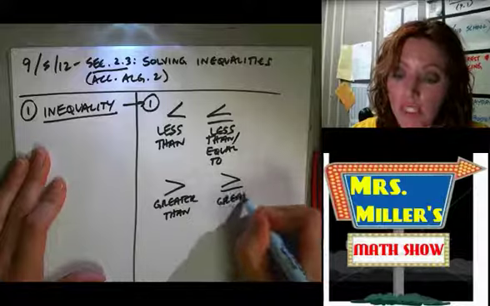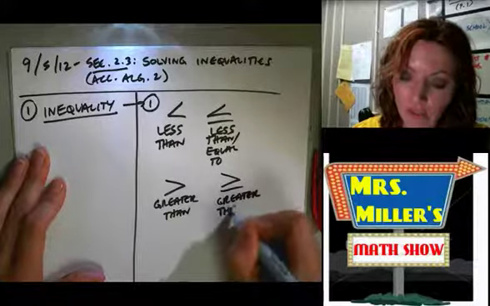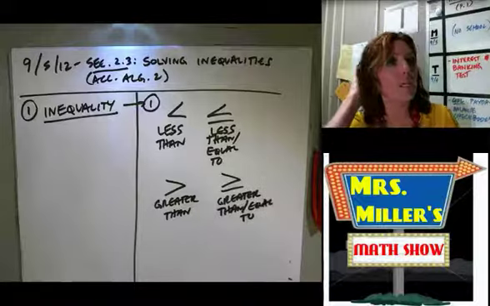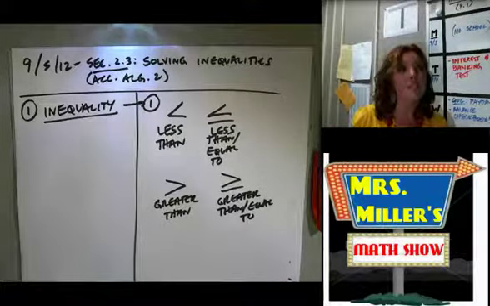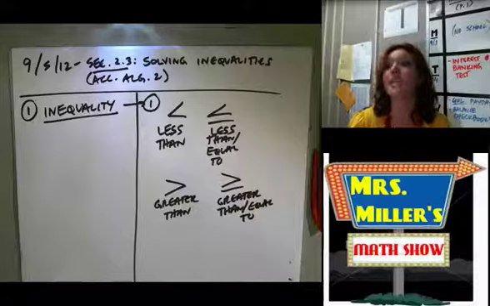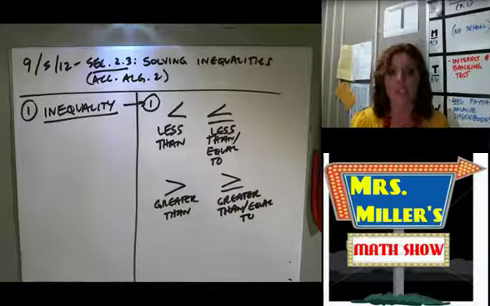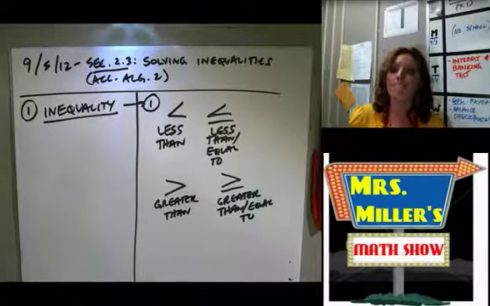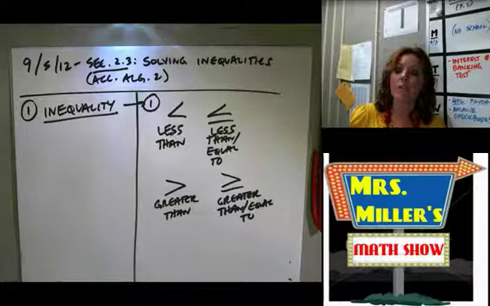Now, when we solve inequalities, we solve them the same exact way as solving equalities. What's an equality? That's equals. Good. Just an equal sign and that's it. Does anybody remember the difference of an equality versus an inequality?